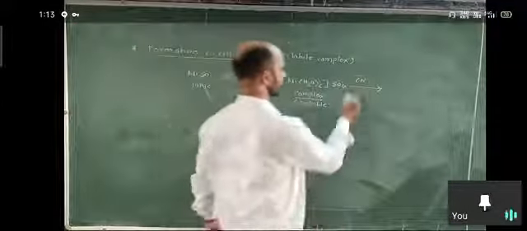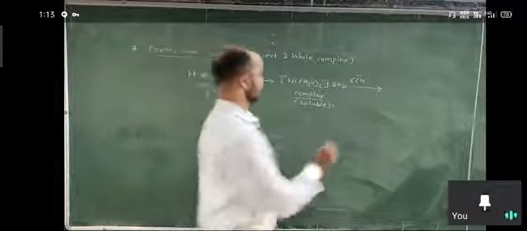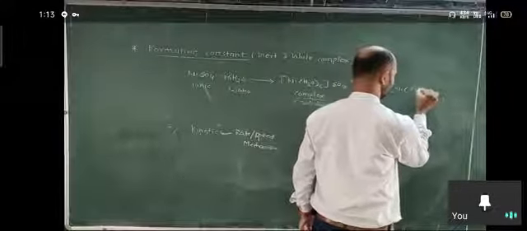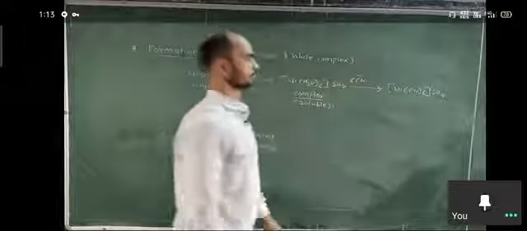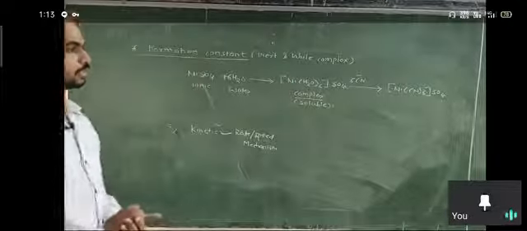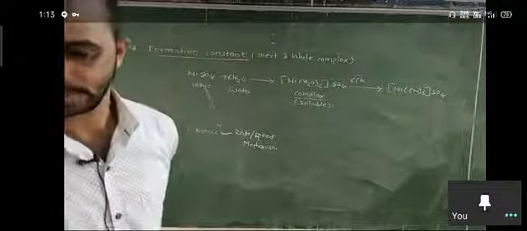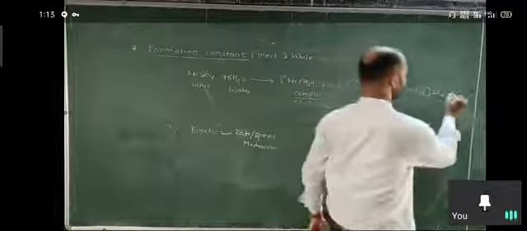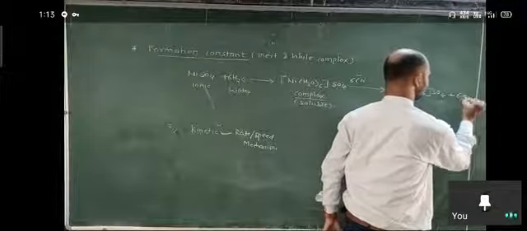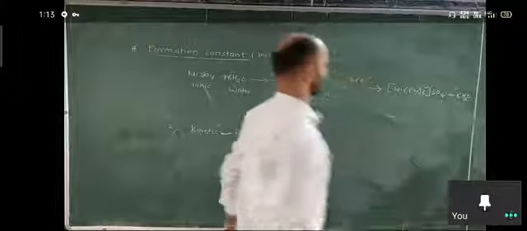So 6 ligands are required here. So what happened here? Ni(CN)6 SO4, plus these 6 are removed, so 6 H2O. This is the reaction.